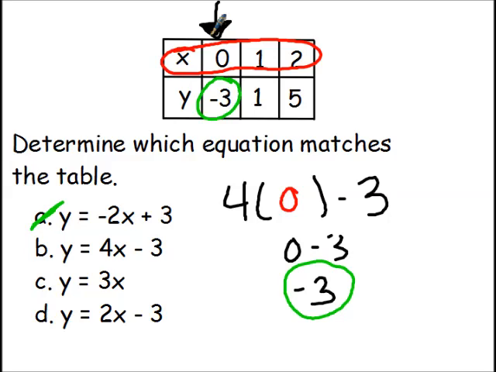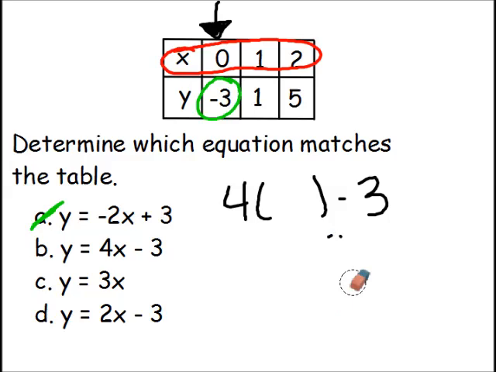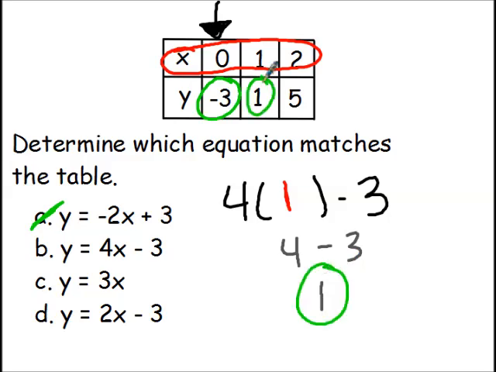In order for it to certainly be the right answer, we must complete checking the other points. So we'll have to substitute in a 1 and see if we get out a 1, as the chart indicates. So we have 4 minus 3 is 1. So it does match. But still, we don't know if it's the right answer until we check the final point.